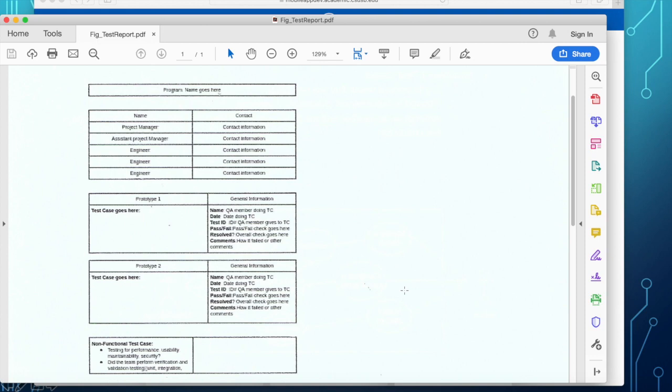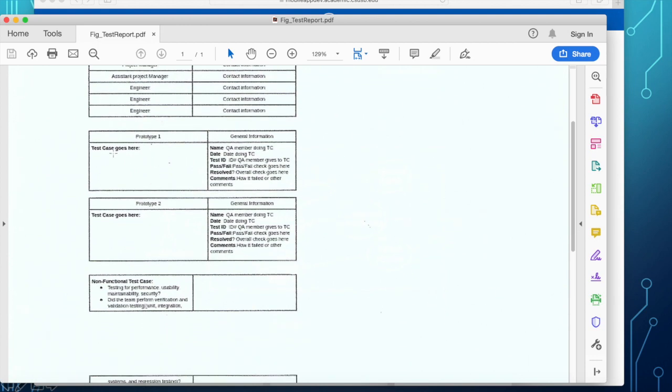So you have the report where it says the software title is here, the names of the PM and APM and the software engineers, and they have the test cases that they will try over here for prototype 1. And I recommended that we remove prototype 2 section since we are not testing prototype 2 yet. So they are choosing test cases to go over here.